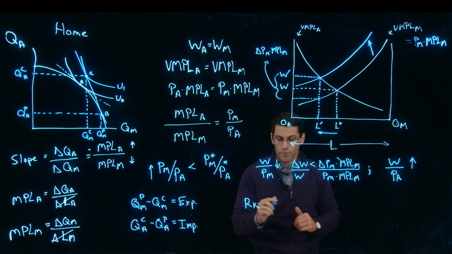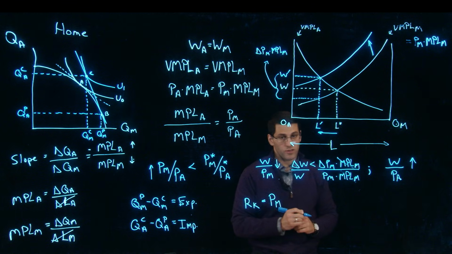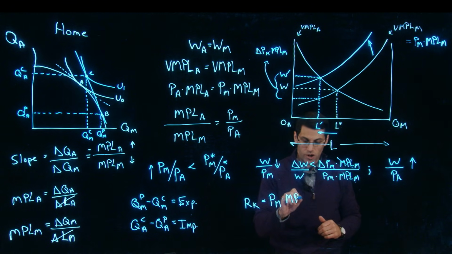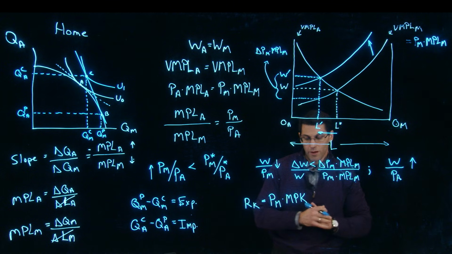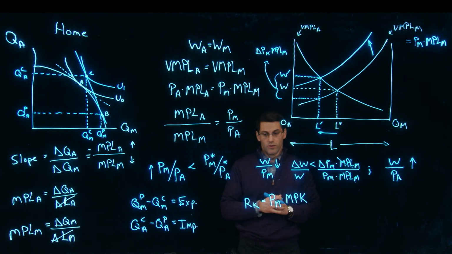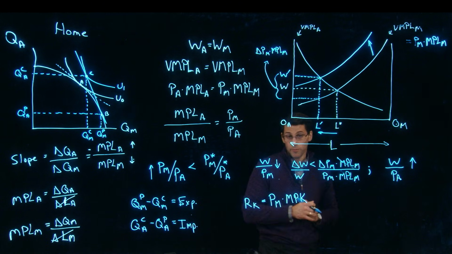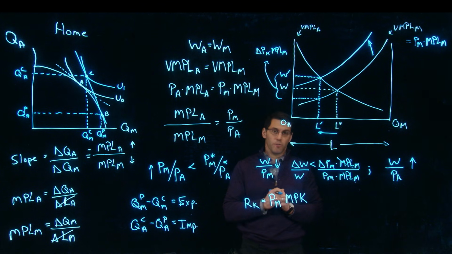The rental rate for capital in equilibrium is going to be equal to the value of the marginal product of capital, which is the price of the manufactured goods times the marginal product of capital. So what's happening in this case? Well, the rental rate, what do we know? The price is going up. We said that that was our setup.